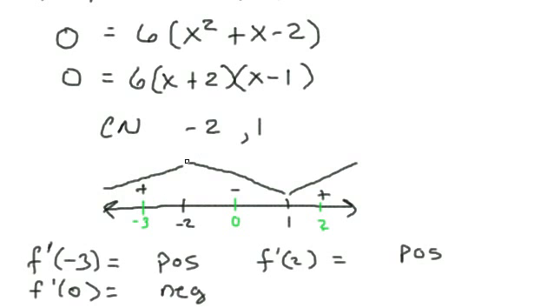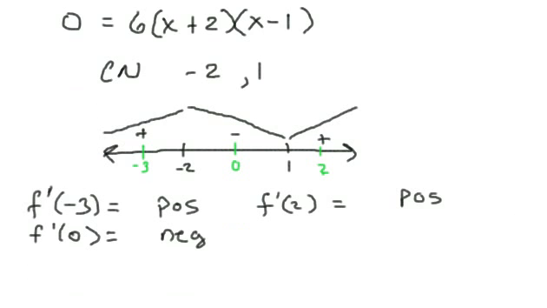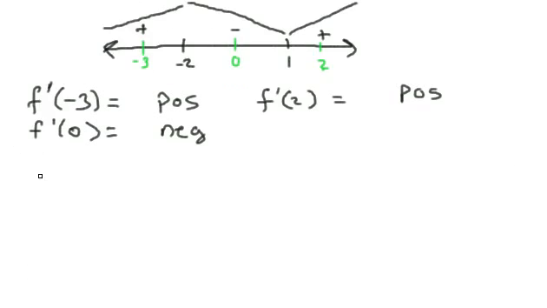Okay, so it looks like we're going to have a relative max around -2 and a relative min around 1 right here. To find those points on the graph, you just plug -2 and 1 into our original function to get the actual y values. So I'm going to go ahead and do that.